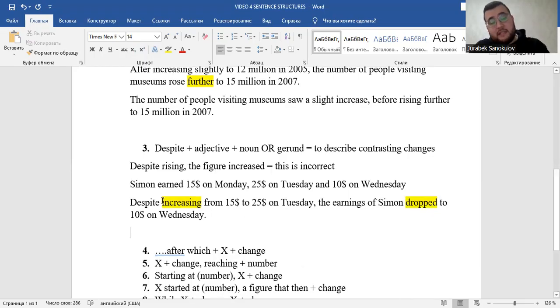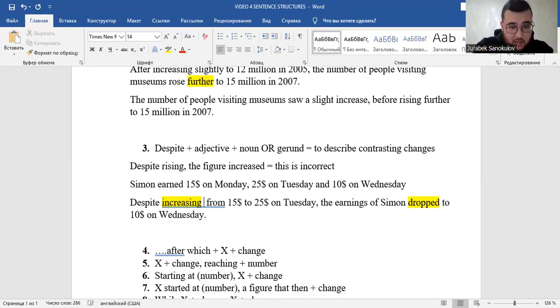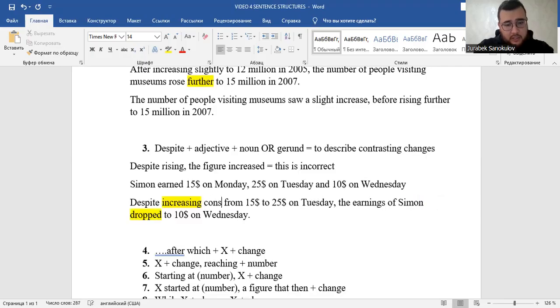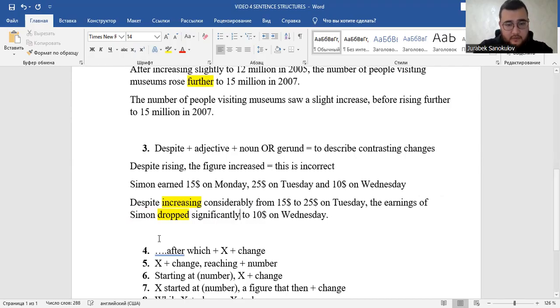So you can basically, let's include an adverb as well. Increasing noticeably, or let's use considerably, dropped significantly to $10. So let's use this sentence structure, but with adjective and noun right here.